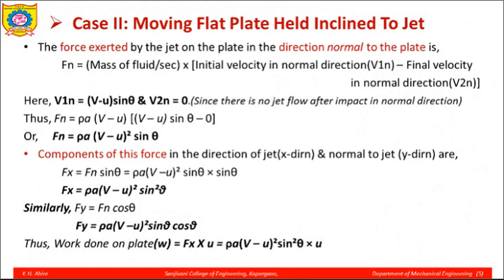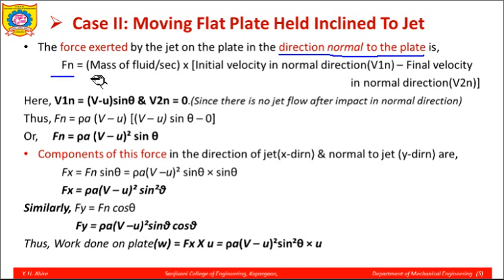Thus we try to write down the force exerted by the jet on the plate in the direction normal to the plate. We always write the impulse momentum equation in the normal direction. So normal to the plate is Fn.